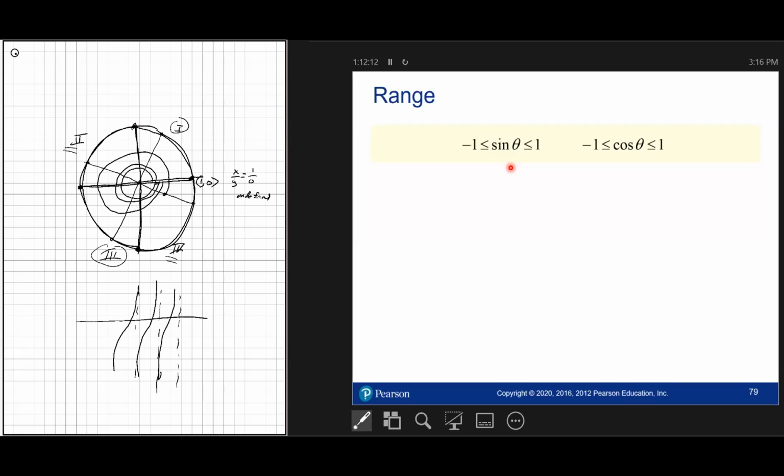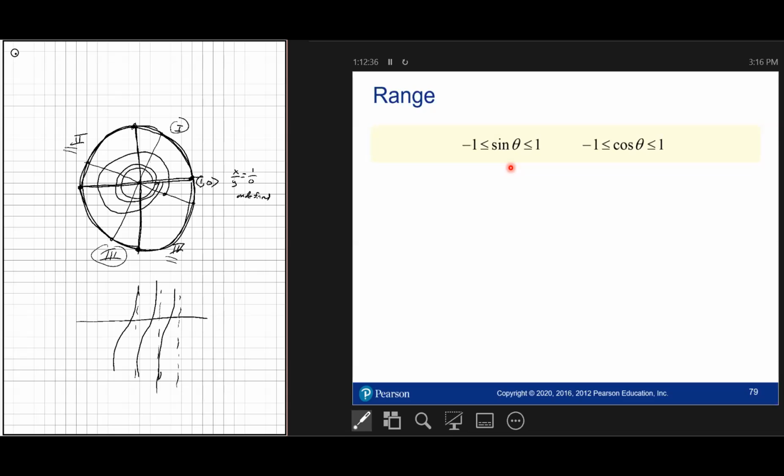Same thing is true with cosine, because the x values, the largest x value is 1 and the smallest x value is -1. And so every x value of the points on this circle goes from -1 to 1.